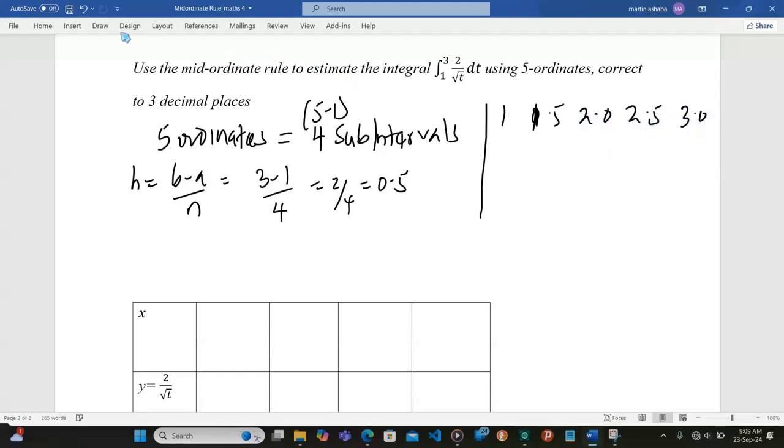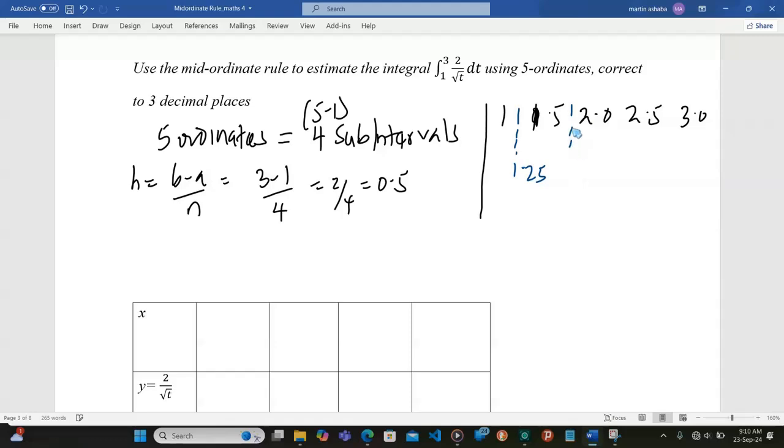So what are the midpoints? The midpoints that we have to use are between x0 and x1. So x0 is this, x1 is this. So get these, sum them, then get their midpoint by dividing by 2. So from here to there, in the middle we have 1.25.